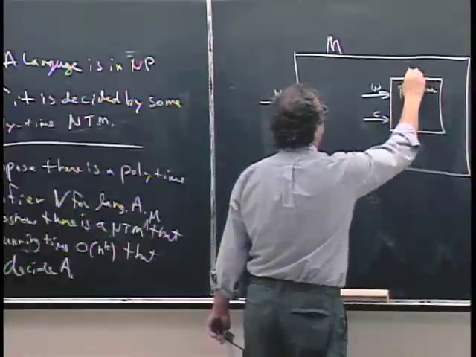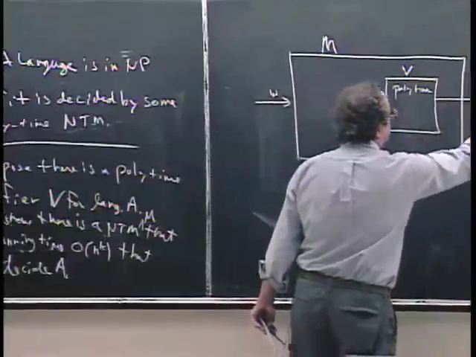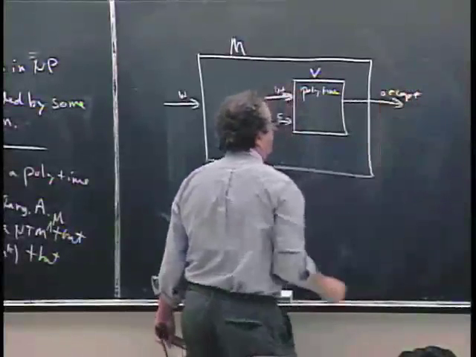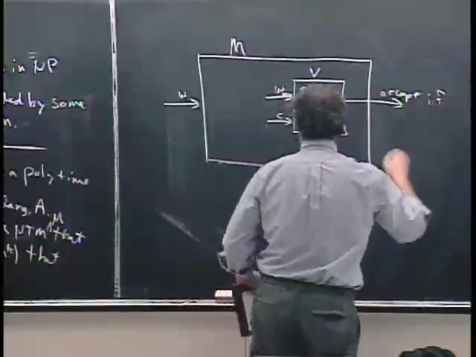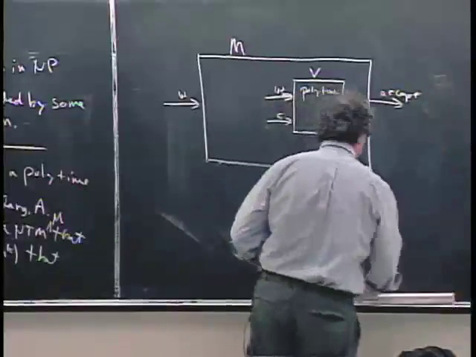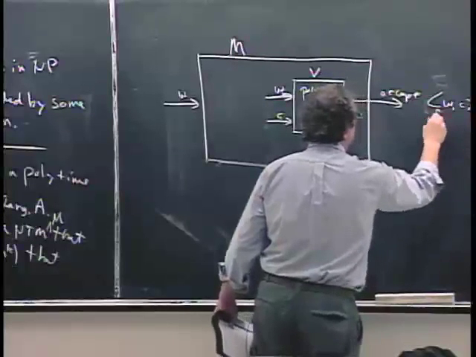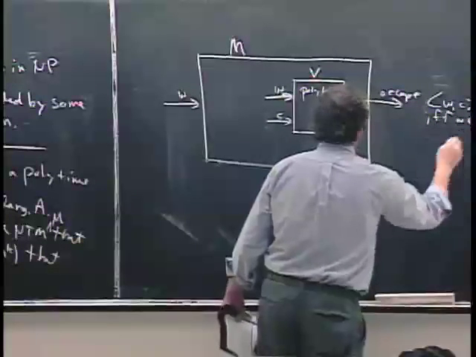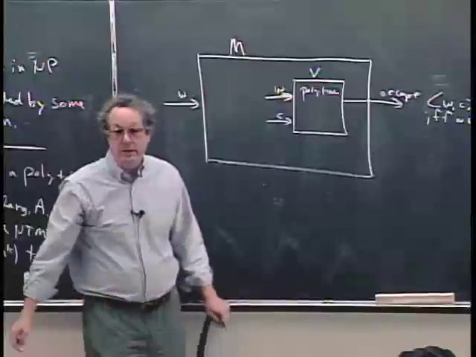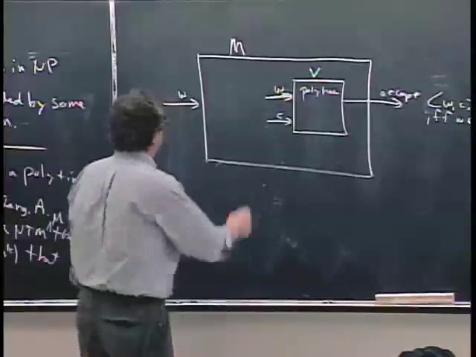This is V, and it accepts W, C if and only if W is contained in A. We'll have to put a reject out here too, because M is going to be a decider, so M has to be able to reject as well as accept. So what's going on in here?